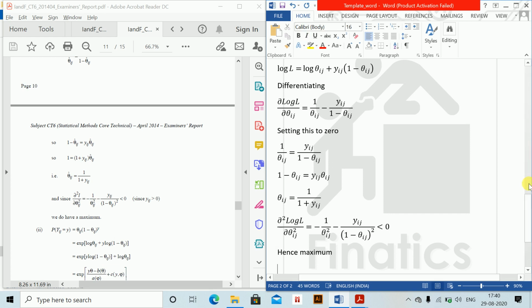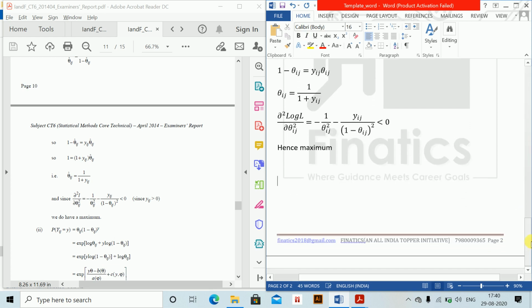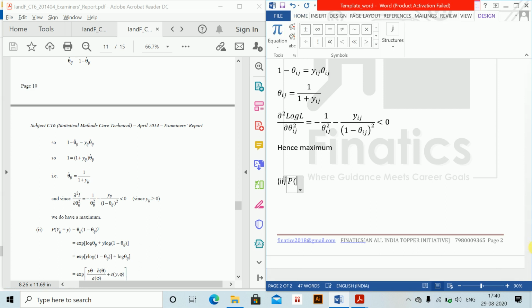Okay, and next part is part 2, where we have to calculate probability of y_ij equals to y is equals to \theta_ij into (1 minus \theta_ij) to the power y.